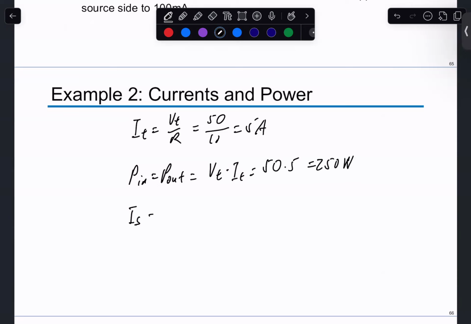And then the input current is the input power over the source voltage, 250 over 20. Right. So these are fairly easy equations.